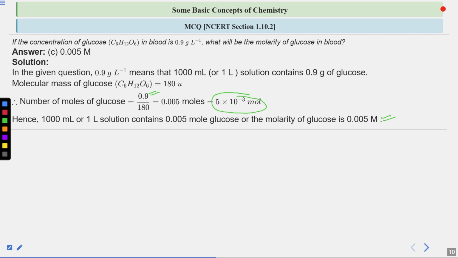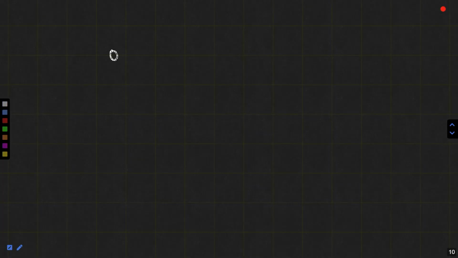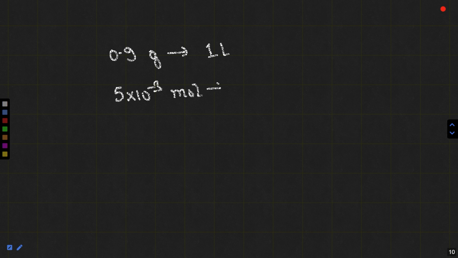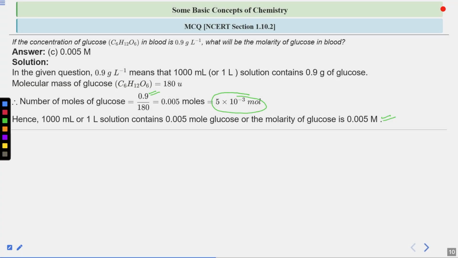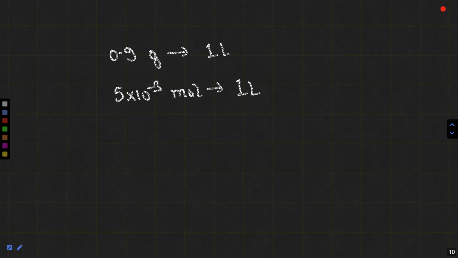I'm trying to solve as many questions as possible related to this chapter so that you can get a clear picture of this. So what I'm saying is about the last line, okay? Let us see what is the last line. What we know is that 0.9 gram is in 1 liter, right? Or we can also say 5 into 10 to the power minus 3 mole is in 1 liter, which is being calculated here. Now what is the definition of molarity?